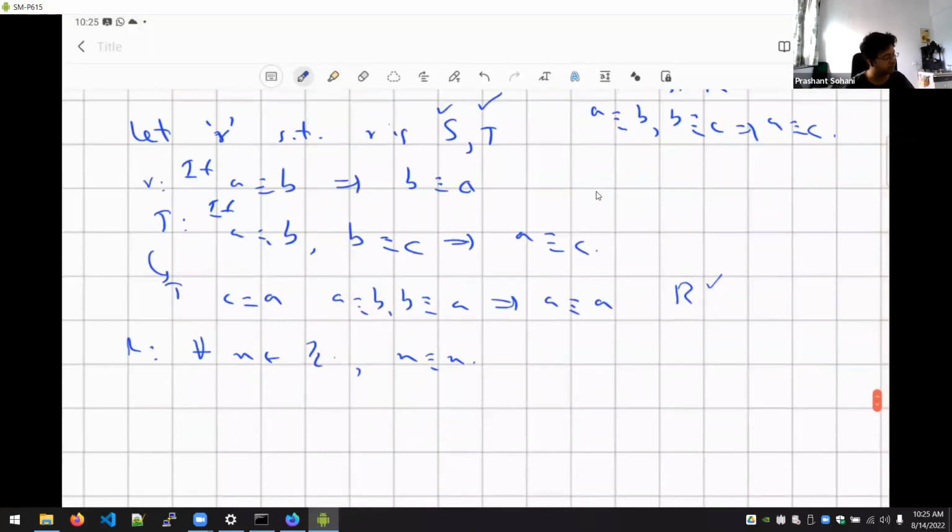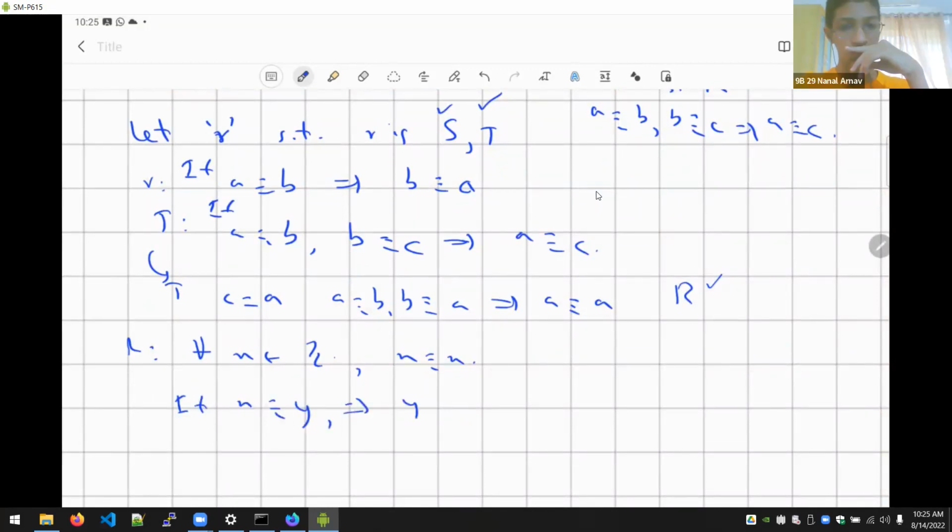So the proof I'm given is that if X is congruent to Y, then by symmetry Y is congruent to X. Sir, I think here we assume that there exists some B such that A is congruent to B. Yes, that is the flaw. If such a B does not exist, then you cannot start this chain of reasoning.